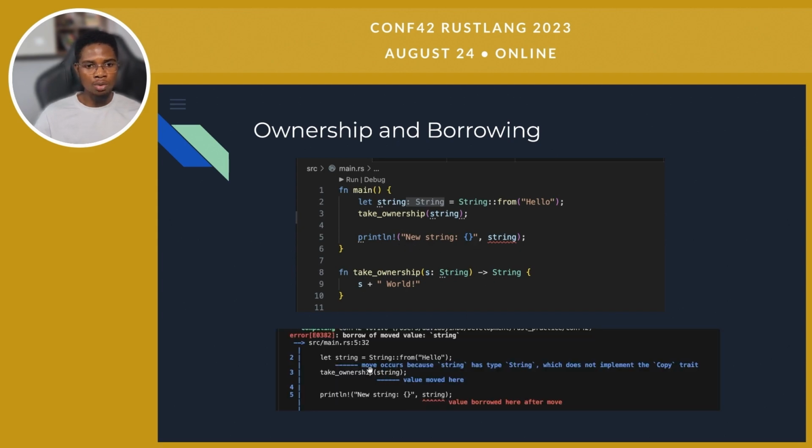And this is the error that we would have gotten from this program if we had tried to run it. We'll have this move occurs because string has a type String which does not implement the Copy trait, and the value is basically moved into take_ownership, and it does not live long enough to reach line 4 basically.